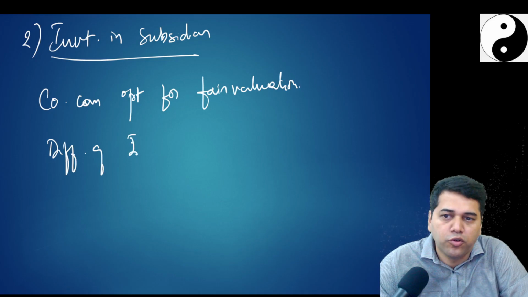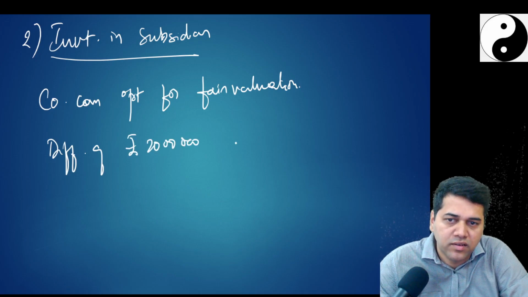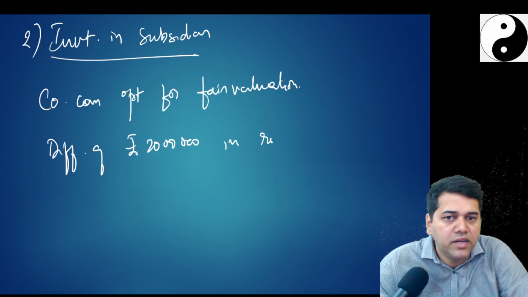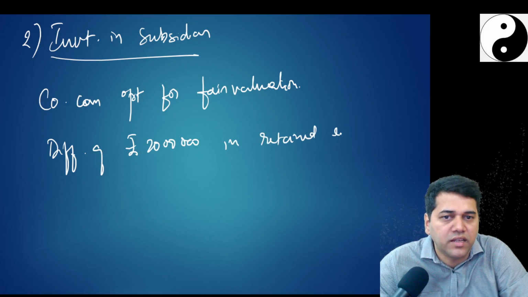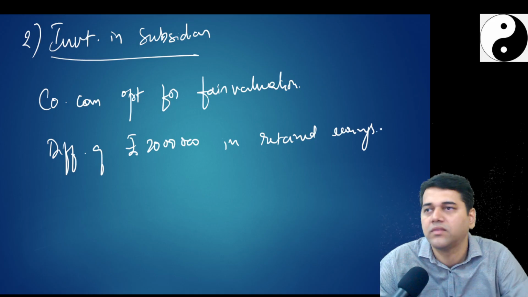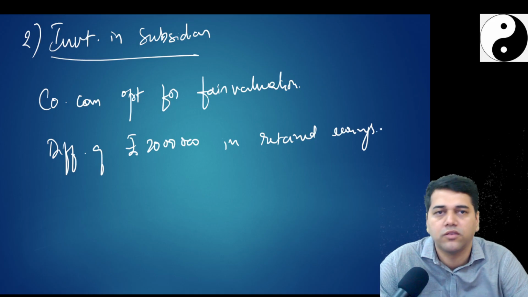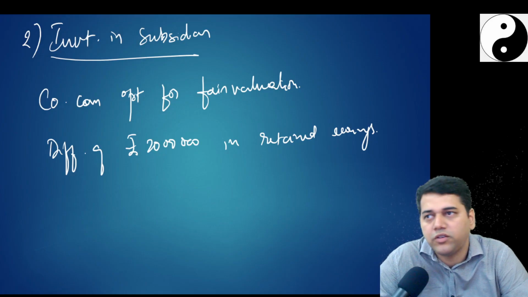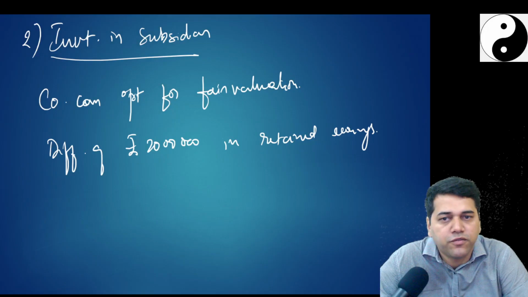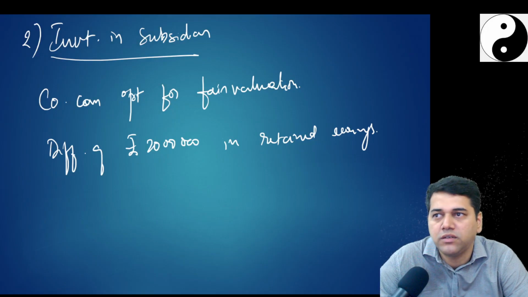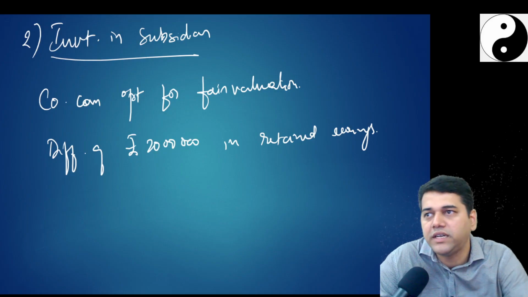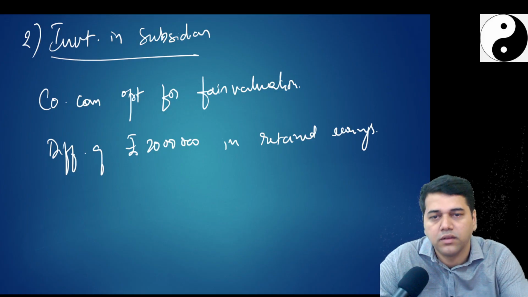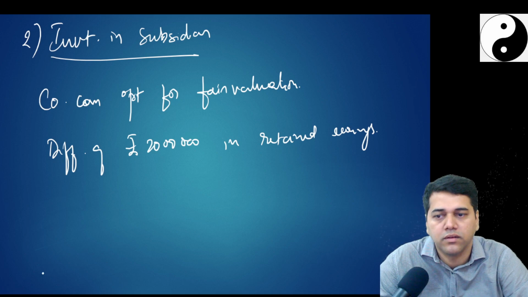Difference of rupees 20 lakh in retained earnings. So they can opt. It is not that they cannot opt. If they want, they can move. And any difference of this fair value adjustment, you have to take it to the retained earnings.